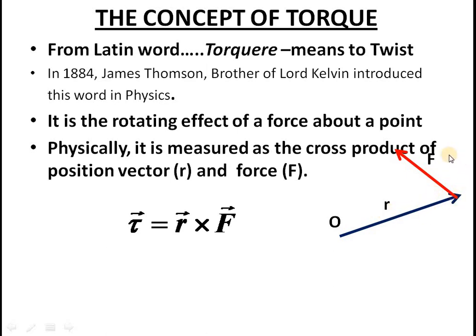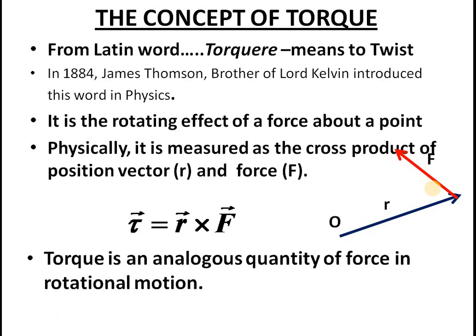And there is of course an acute angle between force and R. That acute angle is always taken in finding this torque. So R cross F you can expand, and you will get the magnitude of R, the magnitude of F, and sine of the acute angle between R and F. How this comes, we will shortly understand.